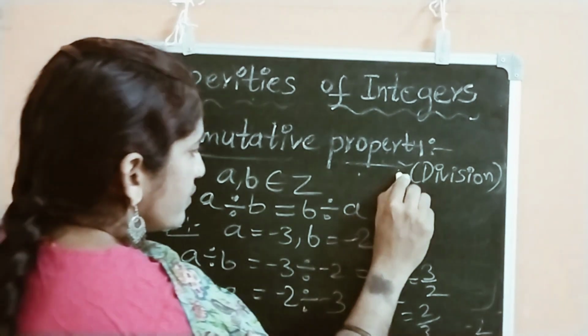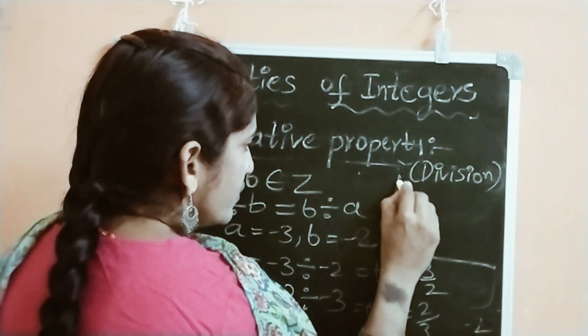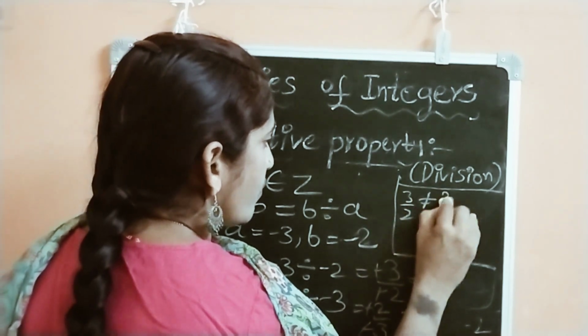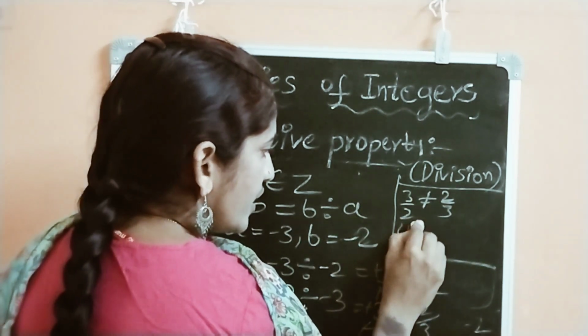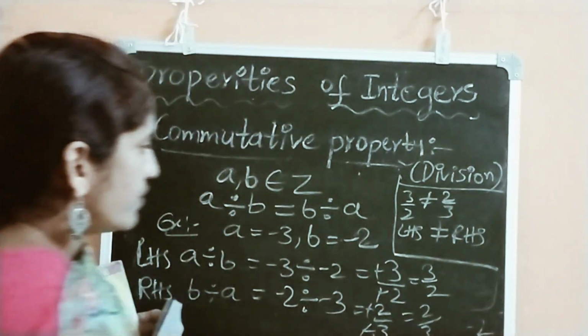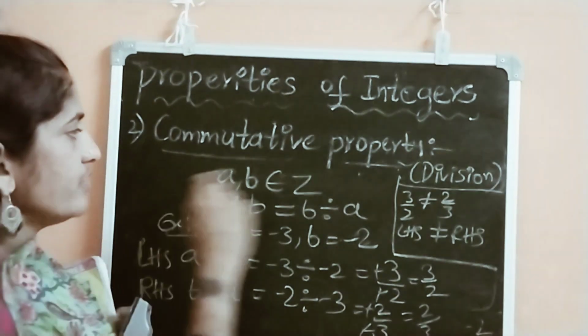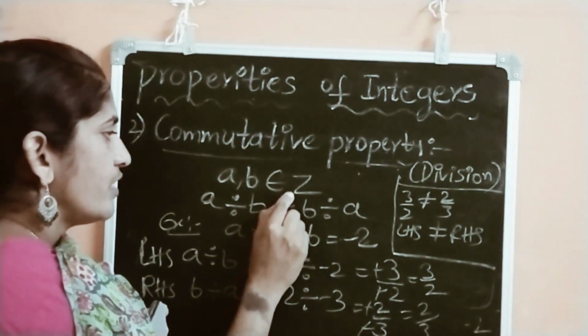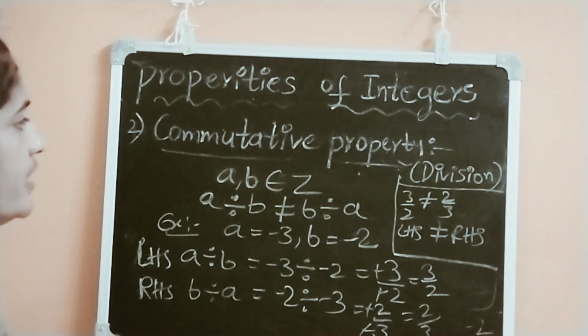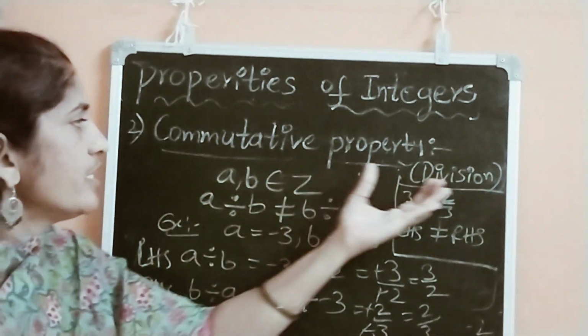So LHS we get 3 by 2, RHS we get 2 by 3. So 3 by 2 is not equal to 2 by 3, that is LHS is not equal to RHS. So by this we can generalize that in the integer system commutative property under division is not possible, that is a division b is not equal to b division a.